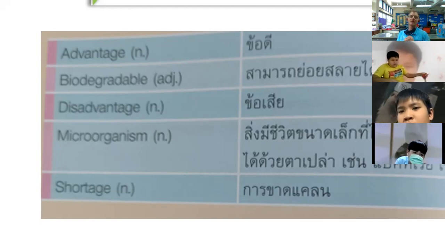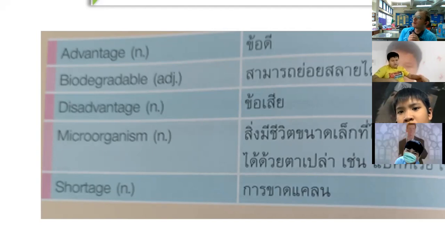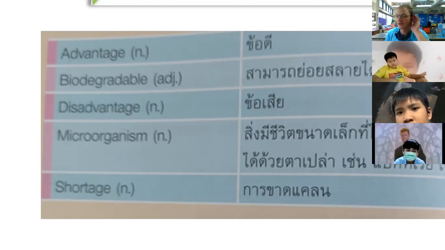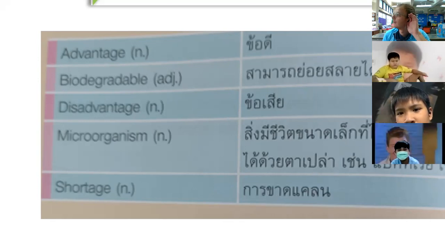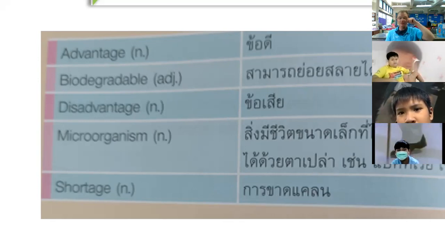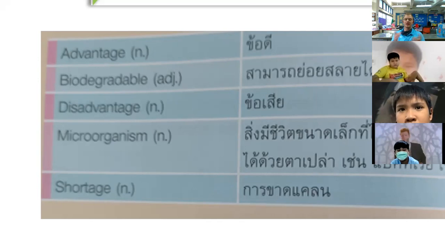It means good, I think. I couldn't hear clearly. Say quickly again, Leon. Sorry, you broke up a little bit. Can you say again, please? Good. I think it means good. Yes, an advantage is a good thing.